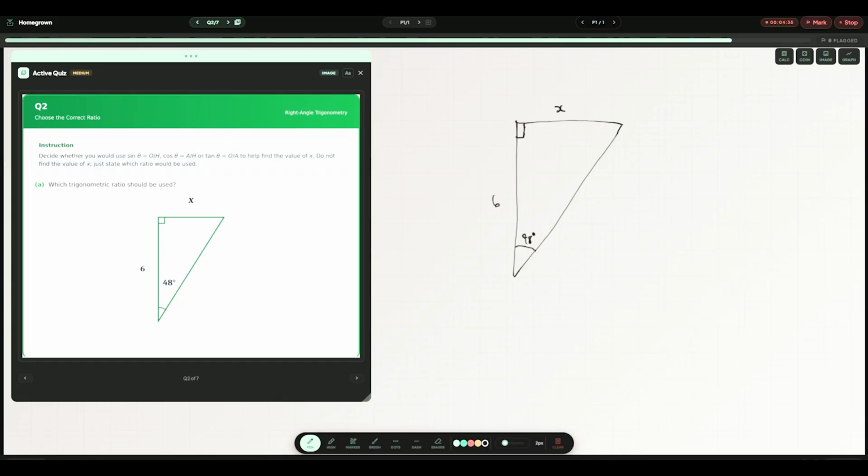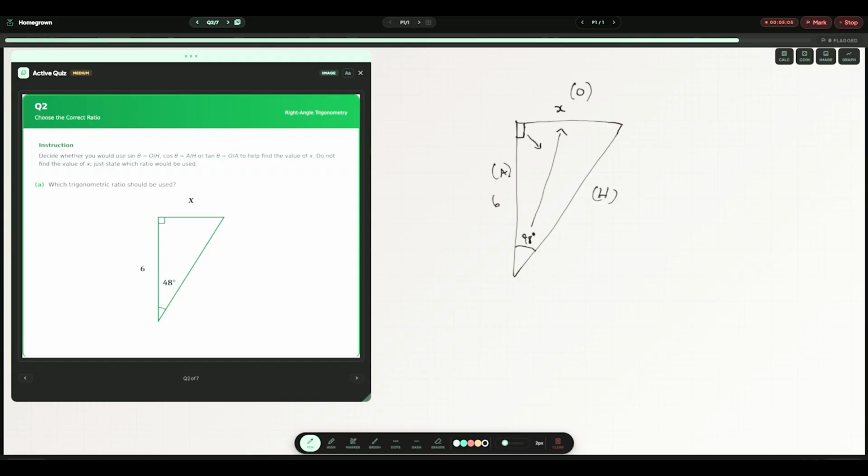Our first one here with our pronumeral x is going to be our opposite because it's directly opposite this angle. And our next one over here, well, it can't be our hypotenuse, which is here. Our hypotenuse is the longest side, and it really sits opposite the right angle symbol. So if it's not an opposite or the hypotenuse, it has to be adjacent.